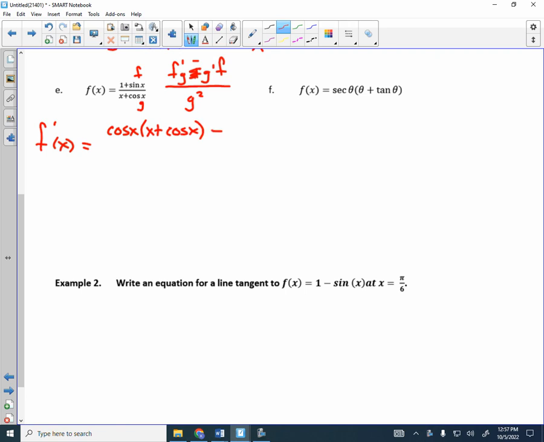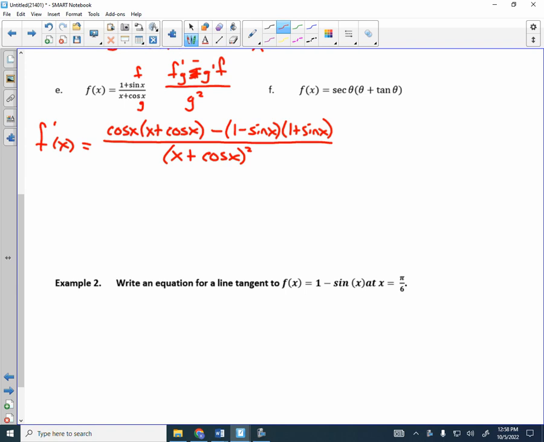Minus, what's the derivative of the bottom? 1 minus sine of x times 1 plus sine of x. All over x plus cosine of x, quantity squared.